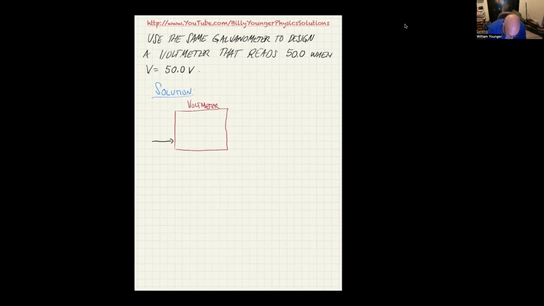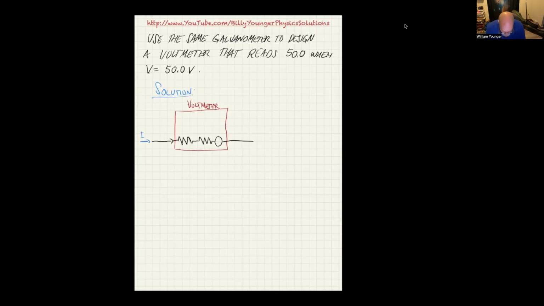That wire is going to come in and run through a resistance R. Then it's going to run through the 30 ohm resistor, and then through the galvanometer, and then it's going to come out here. So the current going through here is going to be some I. What we want, though, is 50 volts to be equivalent to 50 microamps.